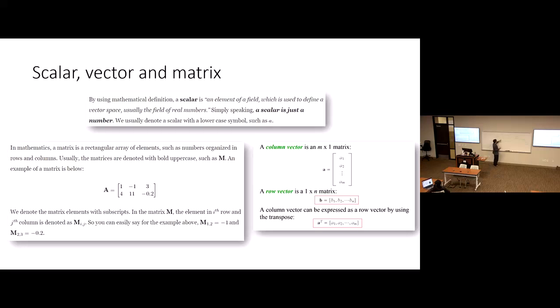So this is also a vertical, and is also a data point. Because this vector a holds the information of an abstract object, which is represented by the elements or numbers in this vector.